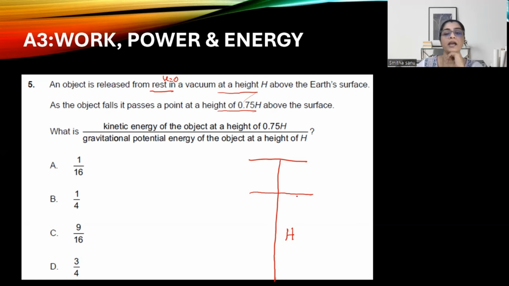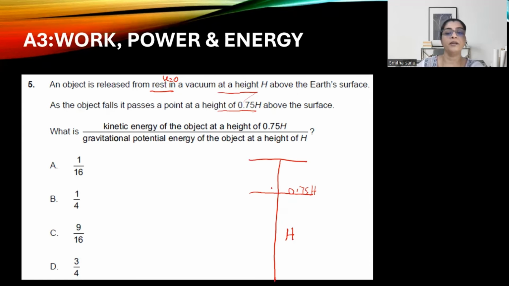If total is 100%, and 75% is kinetic energy, then what is the remaining for potential? Because of conservation of energy, the total is always the same at every point. So if 75% of the energy is kinetic, then 25%, or 0.25, is the contribution of potential energy.